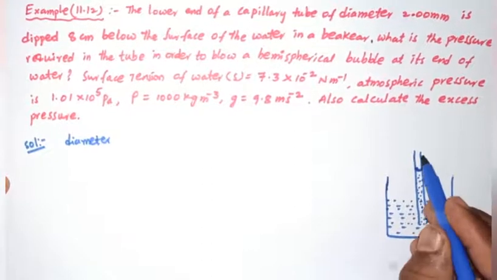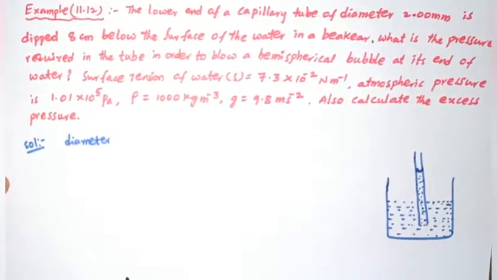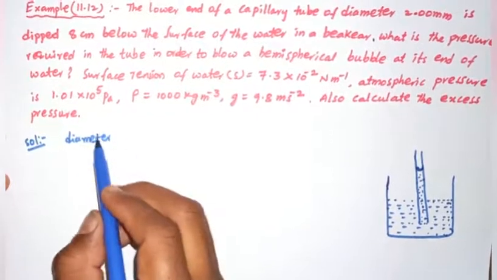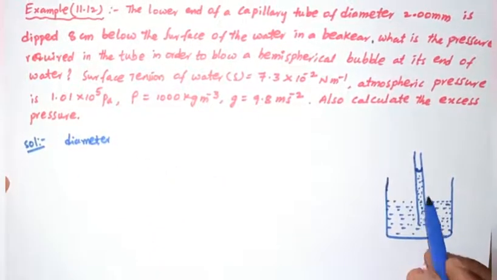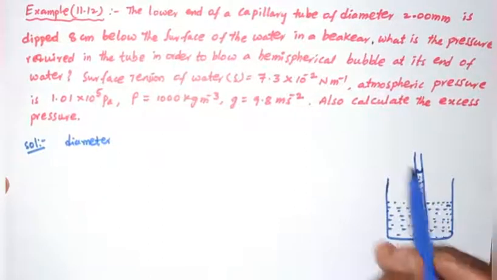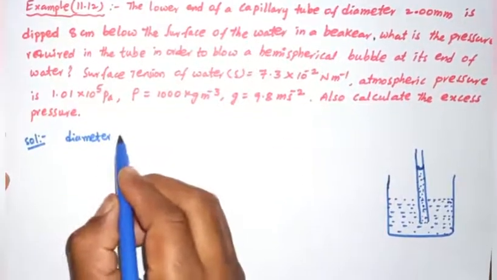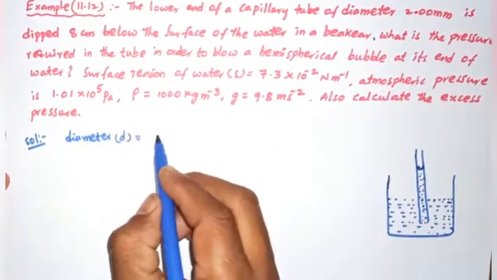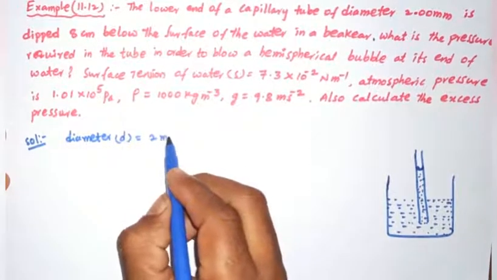Then it rises up to a certain height. The diameter of the lower end of the capillary tube, D equals 2 millimeter.